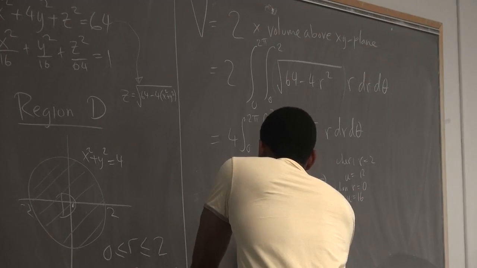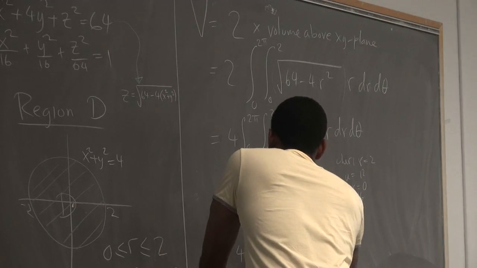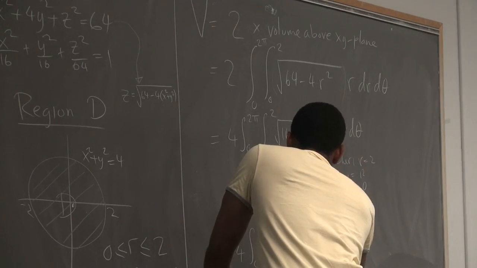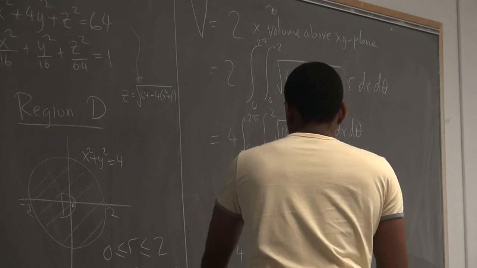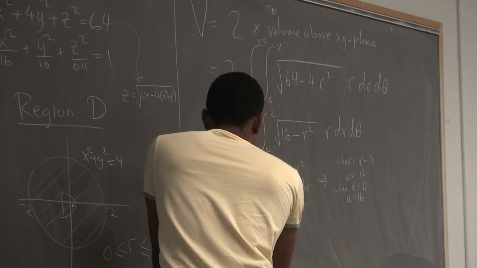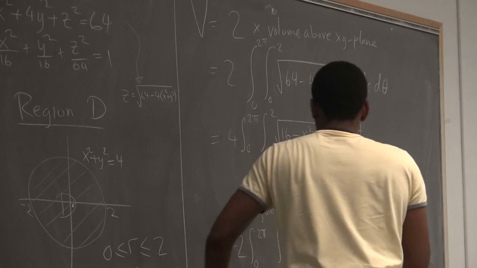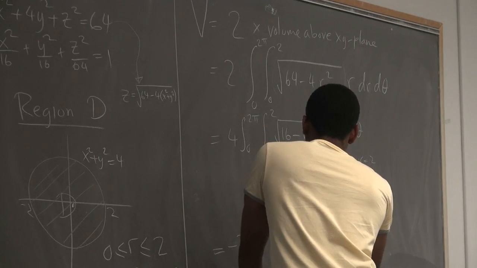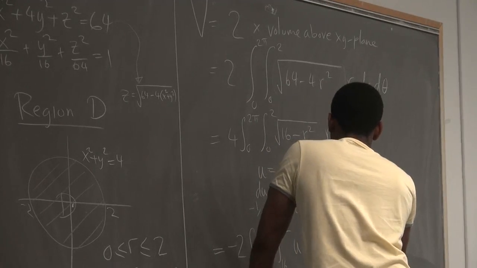So this is 4 times the integral from 0 to 2 pi times the integral from 16 down to 12 of minus 1/2, I can bring out here, so this is minus 2 of u to the 1/2 du d theta.